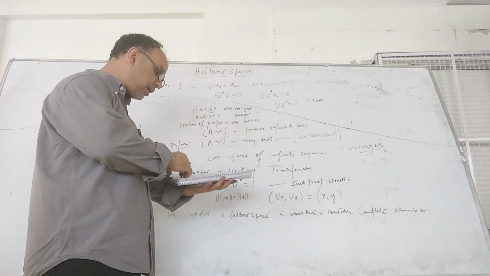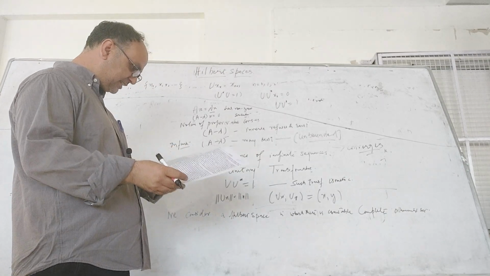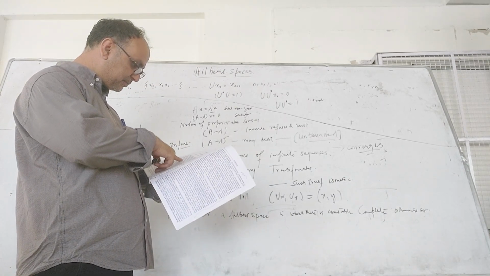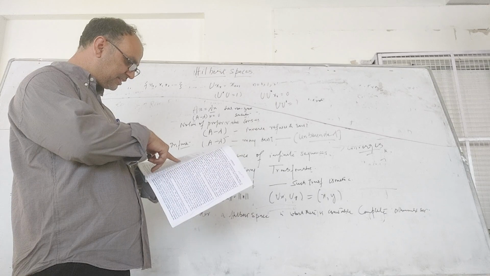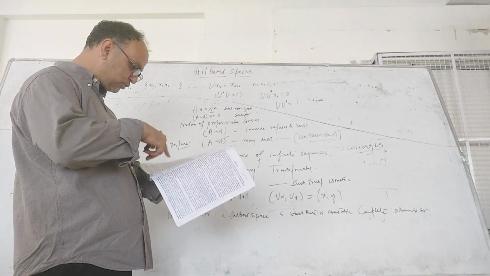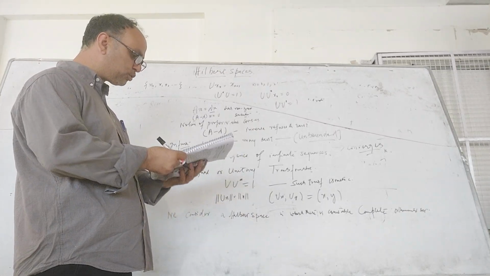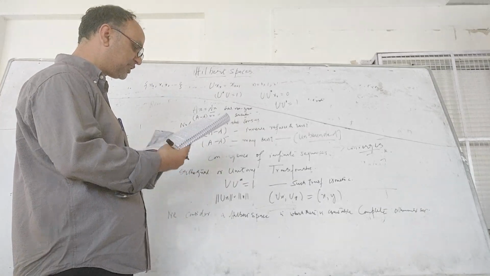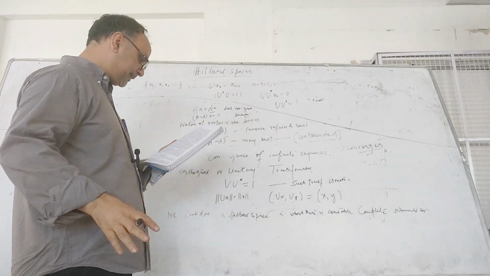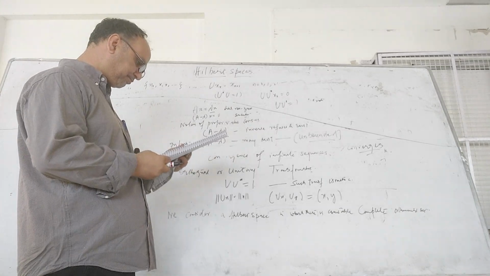But how have we defined this? Hilbert space has its completeness, so it can be bounded from above or below. So how do we define this bound?